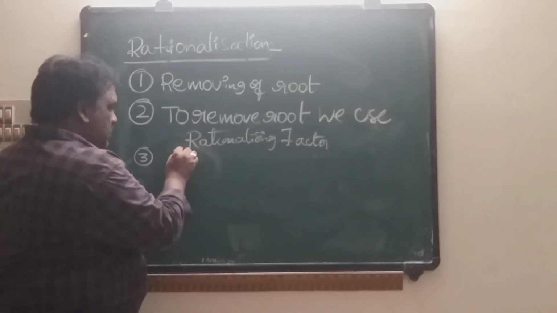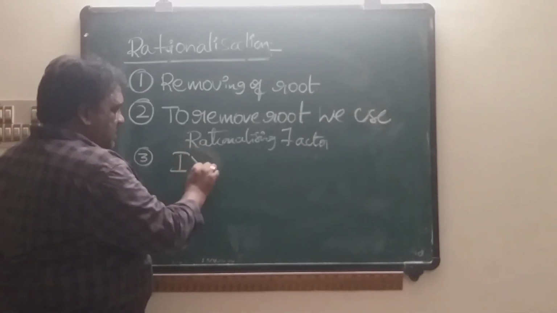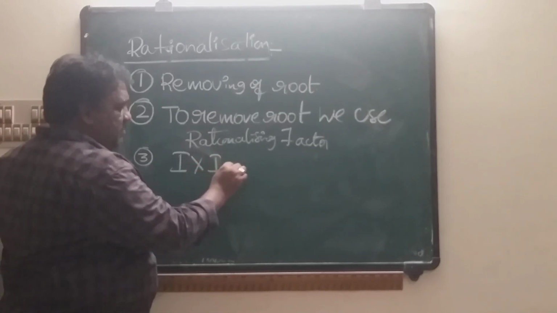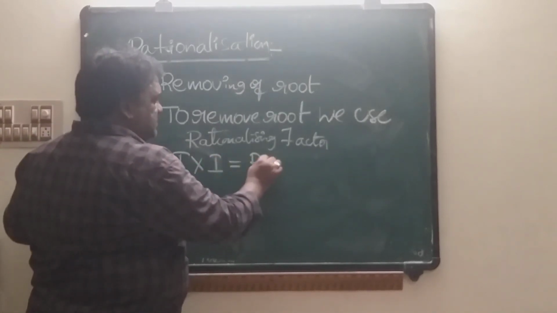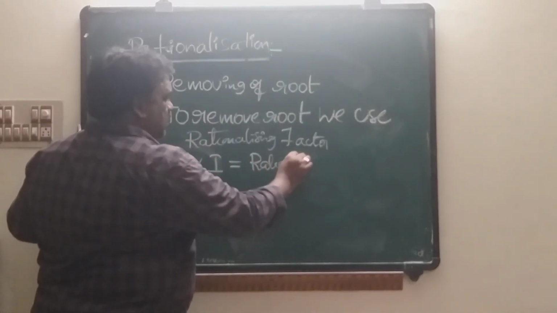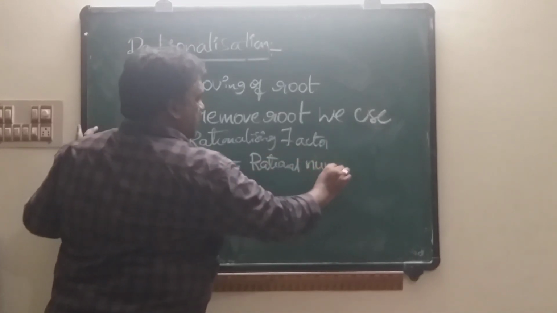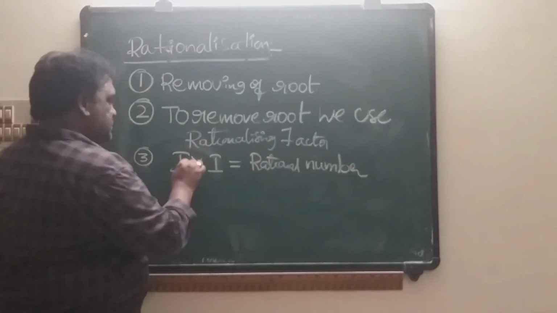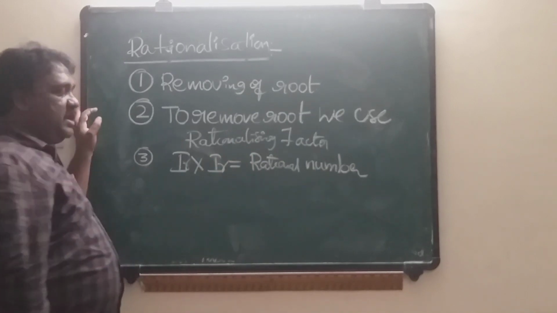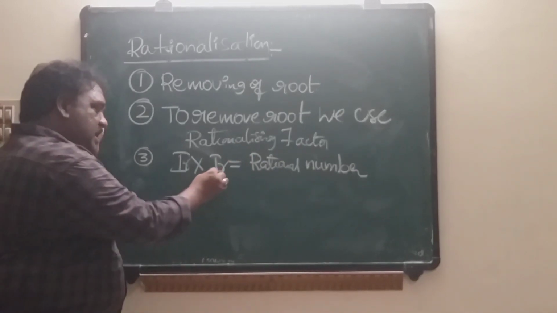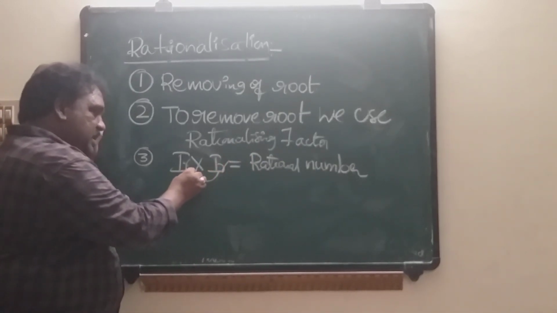So, irrational number into irrational number equals rational number, then they are said to be rationalizing factors of each other.